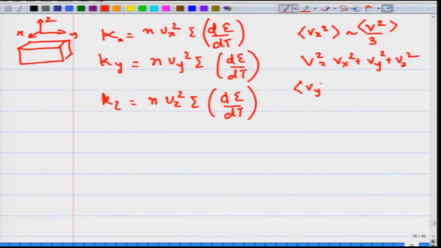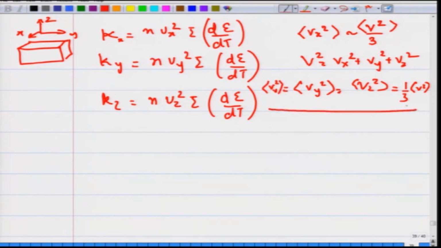Similarly, the velocity in the y direction and the velocity in the z direction will be 1/3 of V square, which is equal to Vx square.